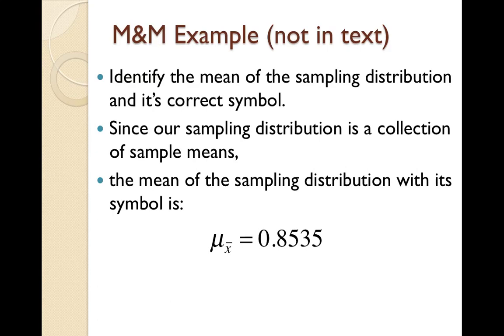What we're trying to show or prove in this hypothesis test is that we can come up with a sample mean that's significantly greater, to the right of 0.8535, and if it's far enough to the right, then we have reason to reject this null hypothesis, 0.8535.